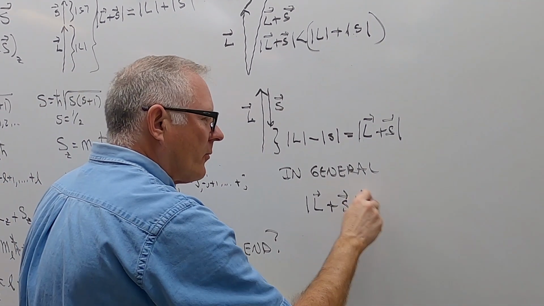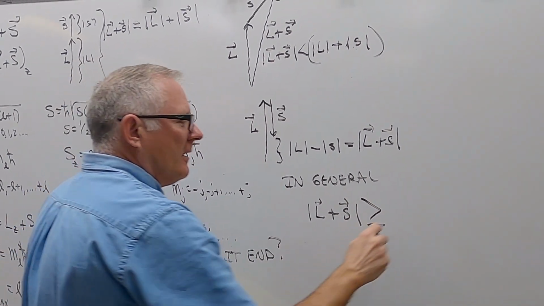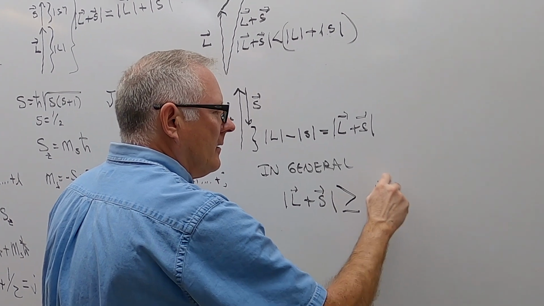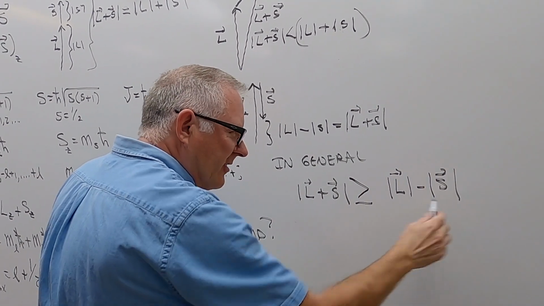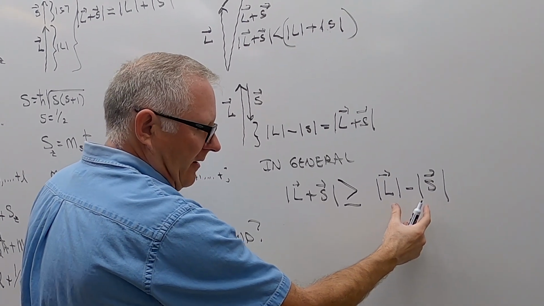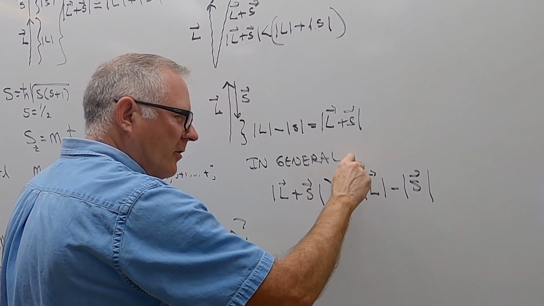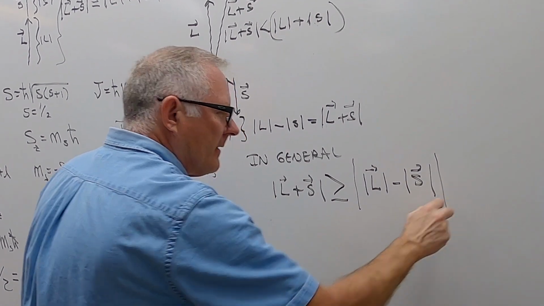So it's got to be greater or equal to the magnitude of L minus the magnitude of S. I should put another magnitude because I don't want this going negative on me. If this was bigger than that, I just want to know the magnitude of everything.